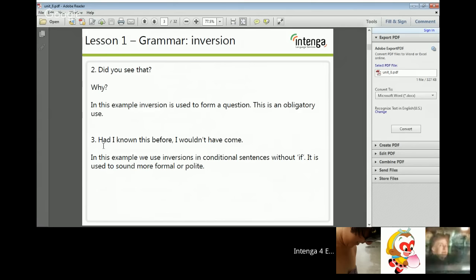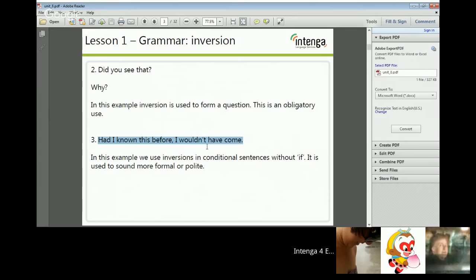So, this next one is a little bit more complicated. It says, had I known this before, I wouldn't have come. Does anyone know what sentence this is? Unreal condition? Yes, this is a conditional.